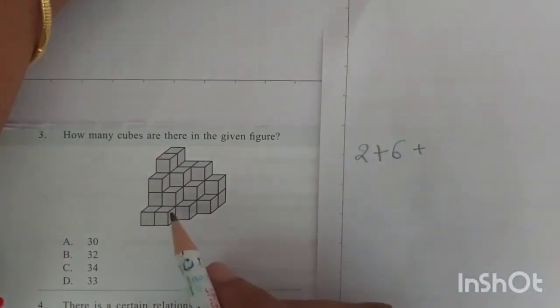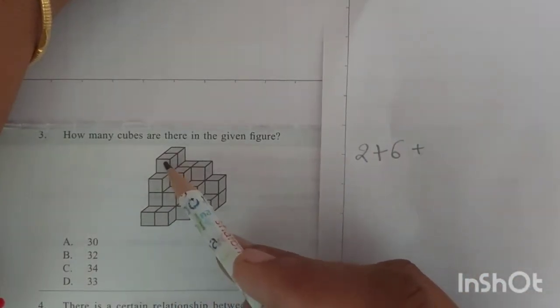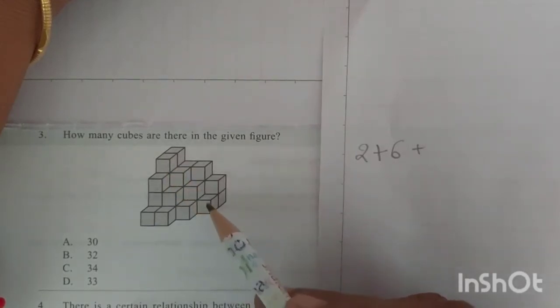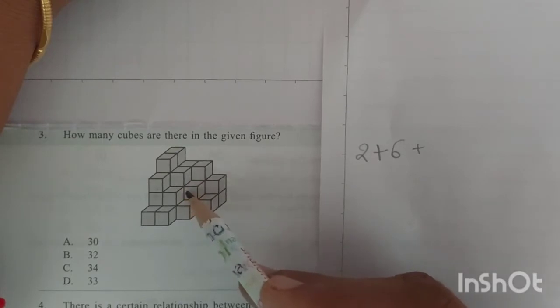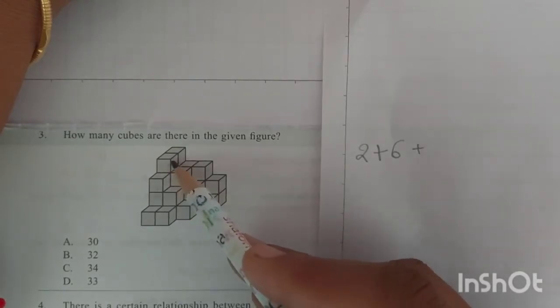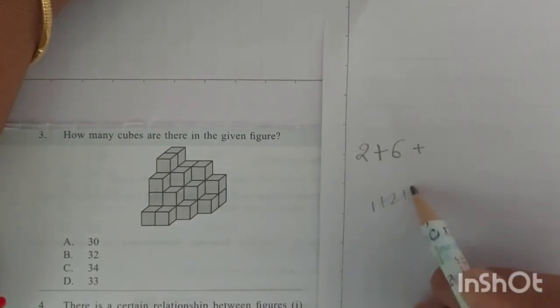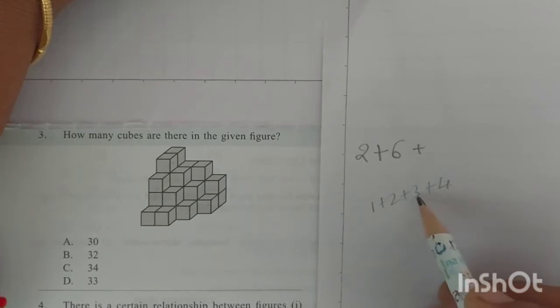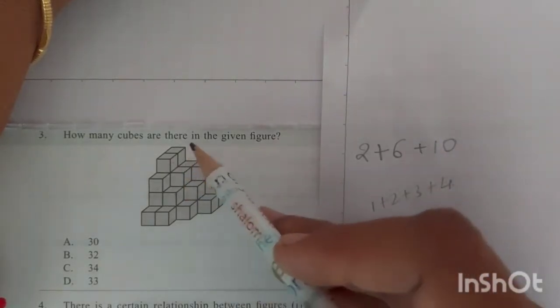Okay, then when we go with this part, this particular part will have 1 plus 2 plus 3 plus 4, that is 10. And now come to this part.